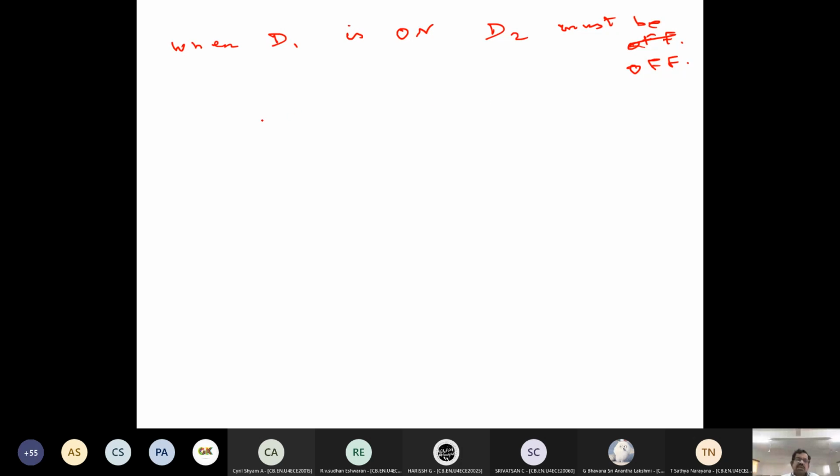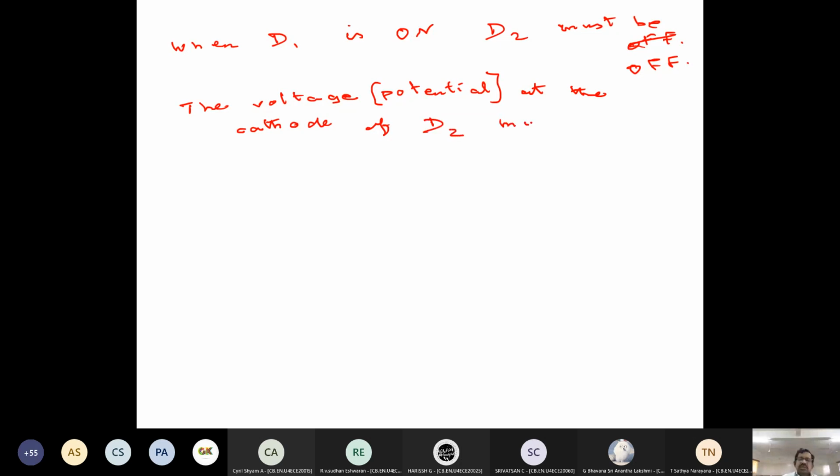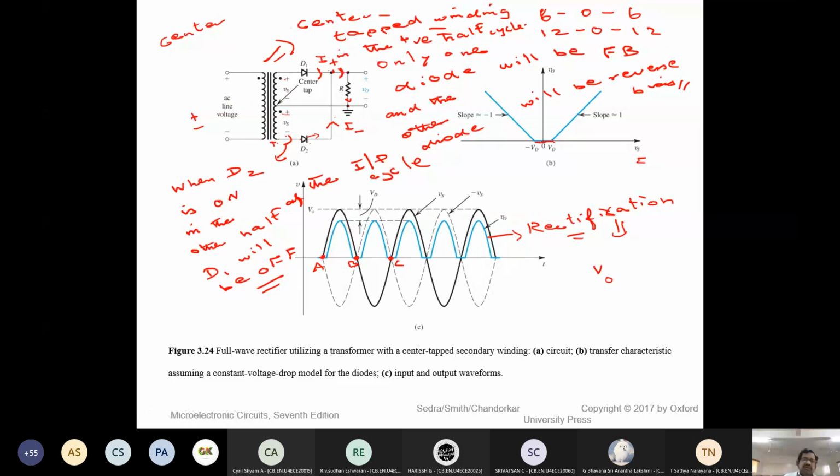Which means the voltage, or the potential rather, at the cathode of D2 must be V0, because that is the output that is coming out over there.